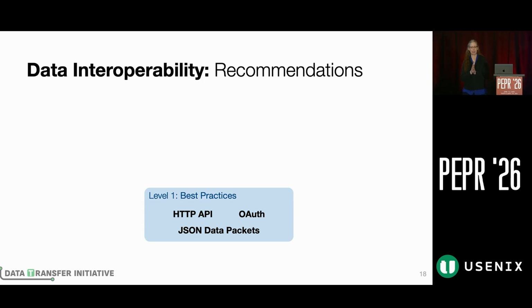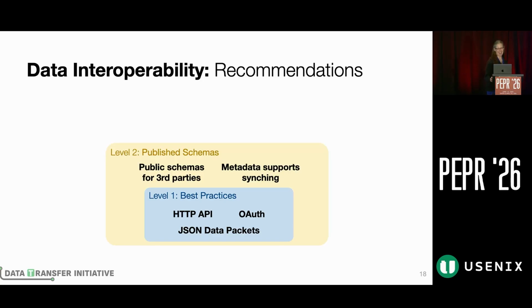So our recommendations for data access, data portability, and data donation is to start by doing just best practice web APIs, just HTTP, OAuth, and JSON data packets. To go a level beyond that, publish one's schemas and support the same schema over time.